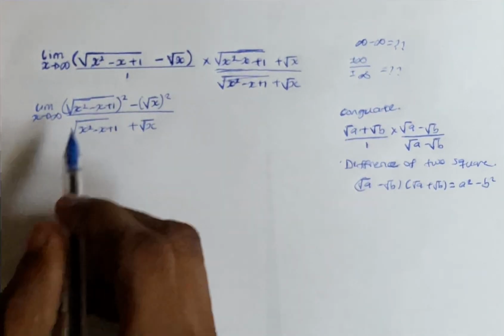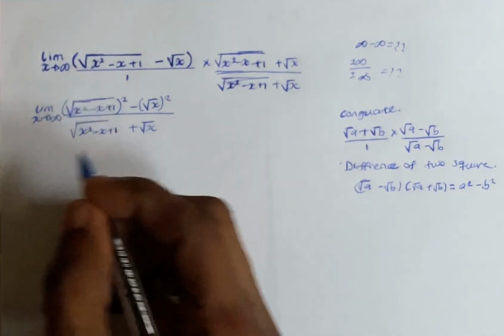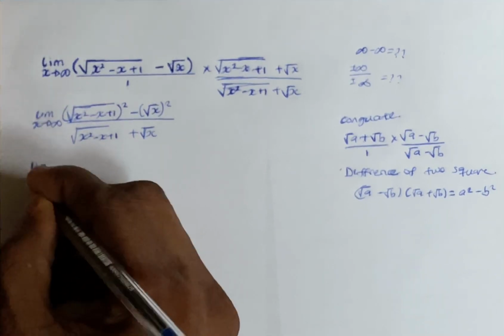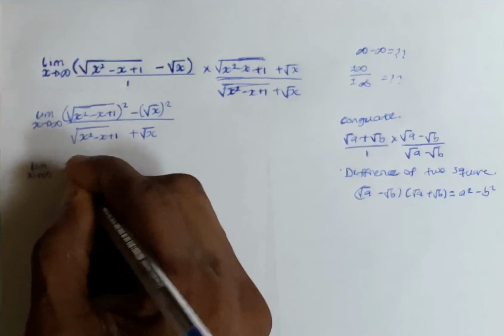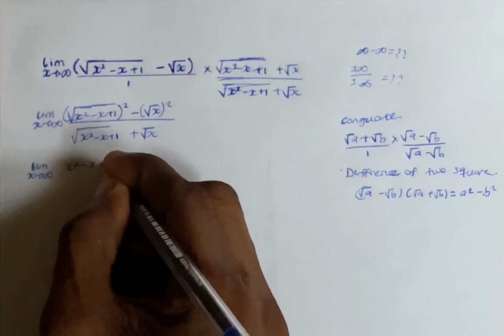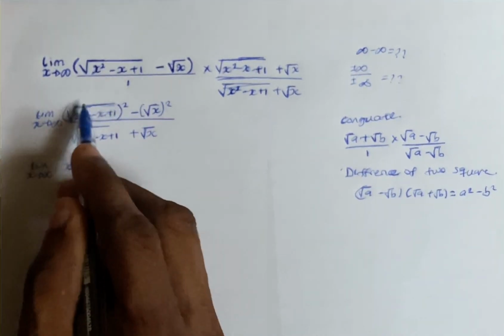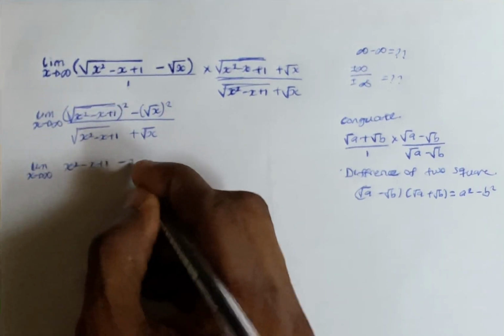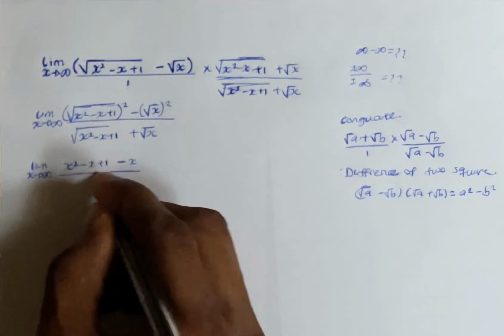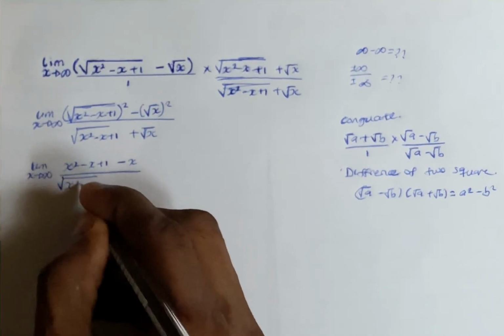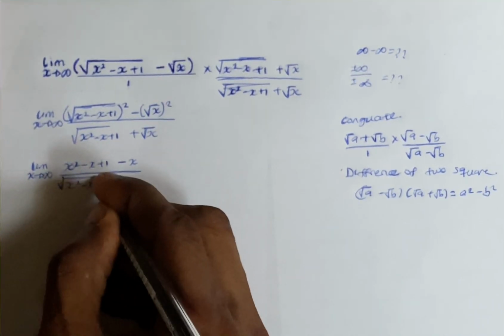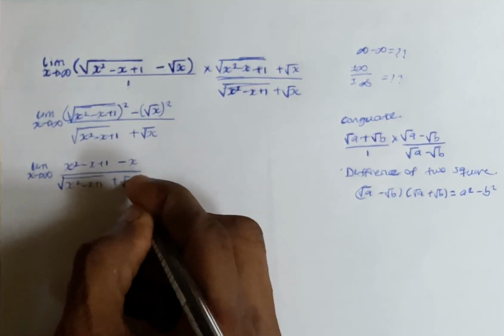Now after we are done with this, we can square this one. So we say limit as x approaches infinity would be x squared minus x plus 1, because when you square a square root, you can cancel the square, minus x, all over square root of x squared minus x plus 1 plus square root of x.